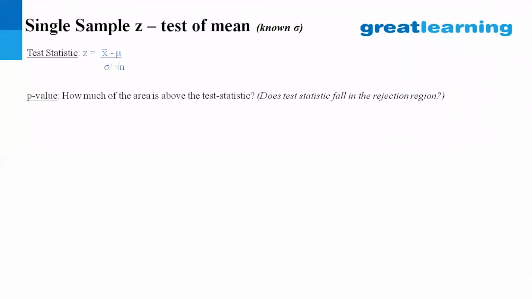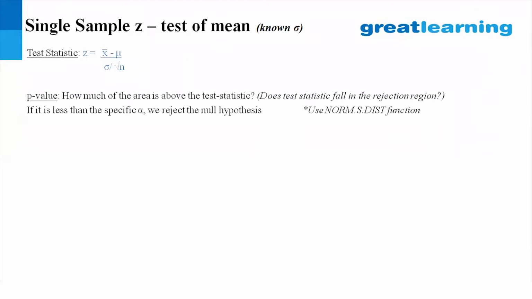The p-value in this case would tell you if the test statistic falls in the rejection region or not. So the test statistic that you're calculating in the step above, does it fall in the rejection region or does it fall in the non-rejection region? So say you have specified alpha to be 0.05, and the p-value that you calculate comes out to be 0.01 or 0.02.